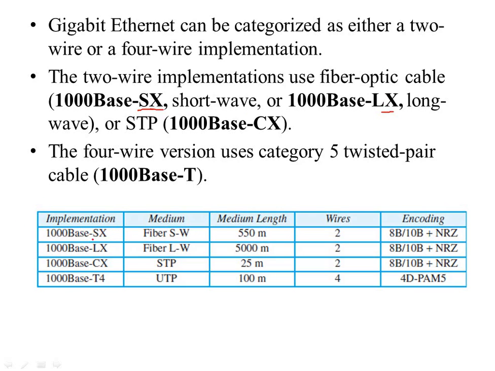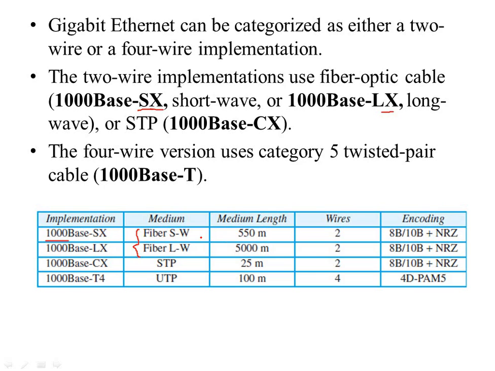Now here you can see that TX, FX were not there. Here in this case you will be utilizing fiber optics, and you can see the difference in the length also. Now it starts with 1000 base SX. SX means you will be using short wave for the transmission purpose.